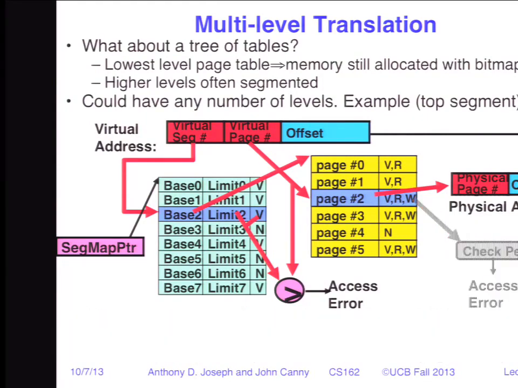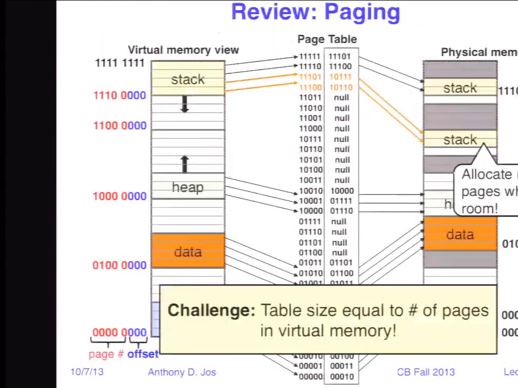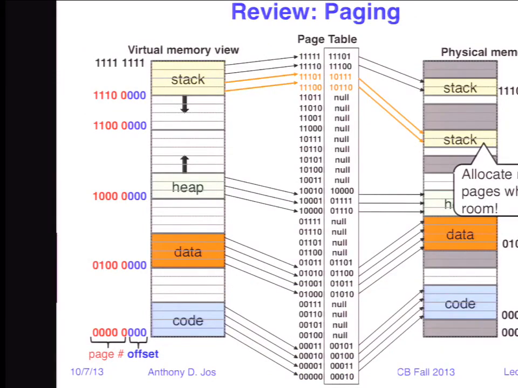So again, if we go back to this example, the challenge here is this table is a contiguous table, and it has to have one entry for every page that we could have in the virtual address space. Imagine we have a 64-bit address space, so 2 to the 64 bytes that we could potentially address, broken up into pages of, say, 12 bits.